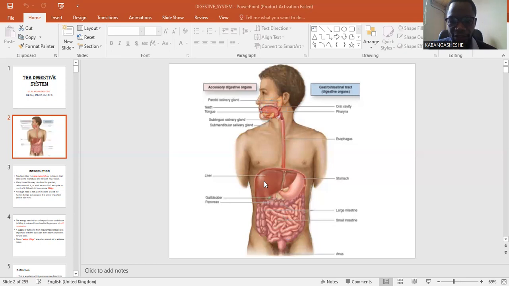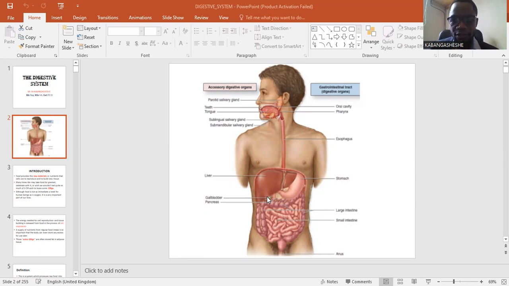Then we are adding the liver, which is essentially the largest organ inside the body. Then we have the pancreas, posterior to the stomach. Then on the undersurface, the inferior surface of the liver, is the gallbladder. So those are accessory organs: salivary glands, liver, pancreas, and gallbladder.